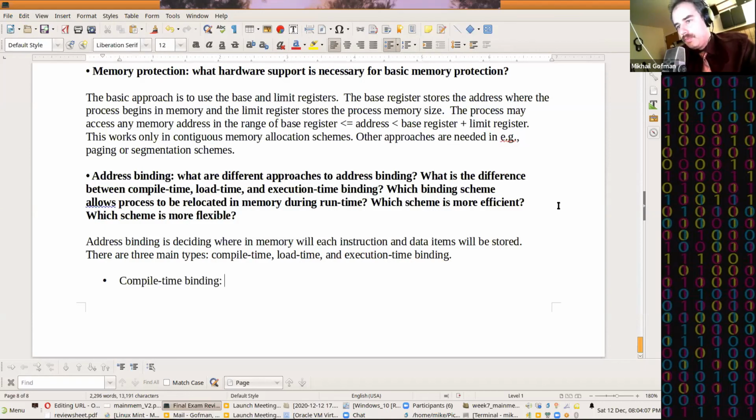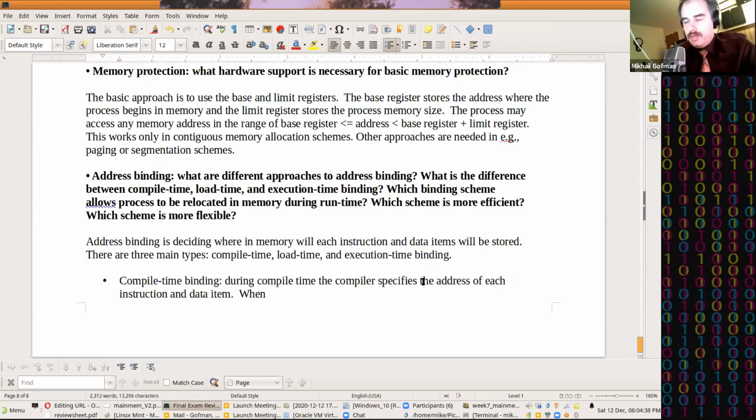During compile time, the compiler specifies the address of each instruction and data item.